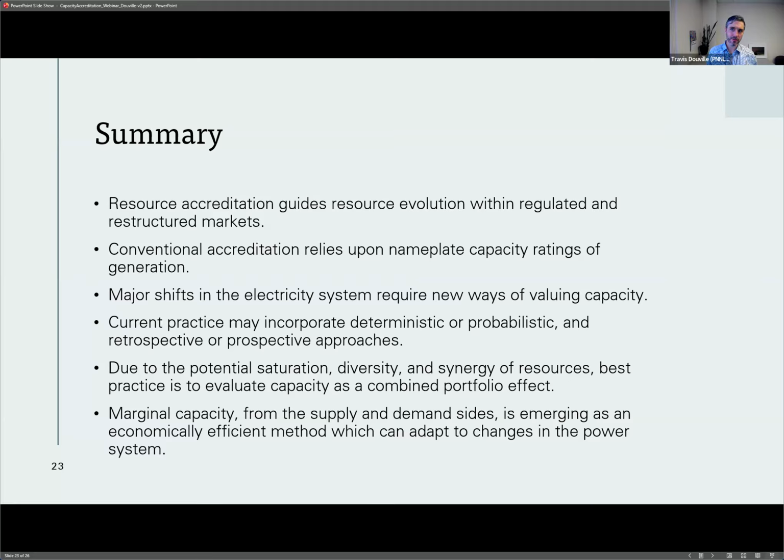We reviewed ESIG's 5 principles of resource accreditation, which were influenced by and are cited by and remain relevant to state planners. These principles are listed as the following adjectives: non-discriminatory, robust, transparent, reliable, and predictable. Next, we reviewed conventional accreditation through ICAP and UCAP approaches.